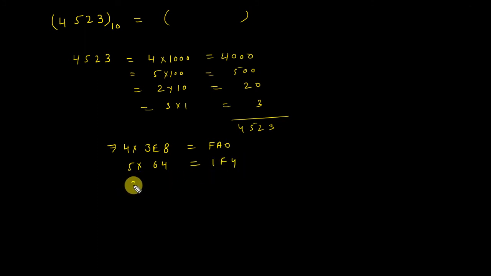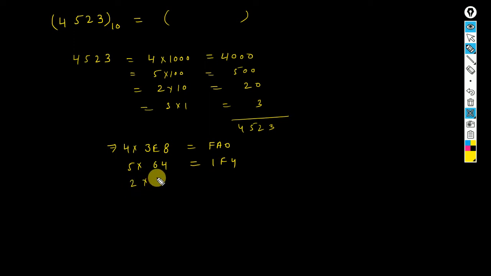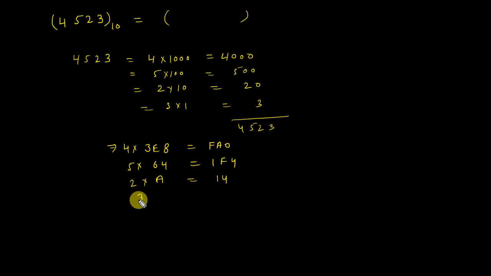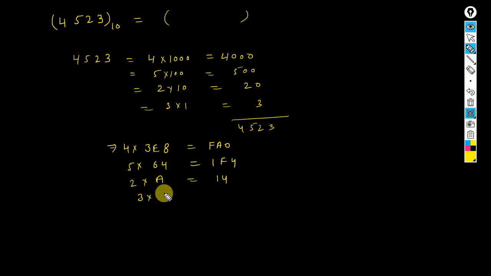Next, 2 multiplied by 10. 10 written in hexadecimal is A, so this is 14. Next, 3 multiplied by 1, so this is 3. So when we add, this is 11AB.